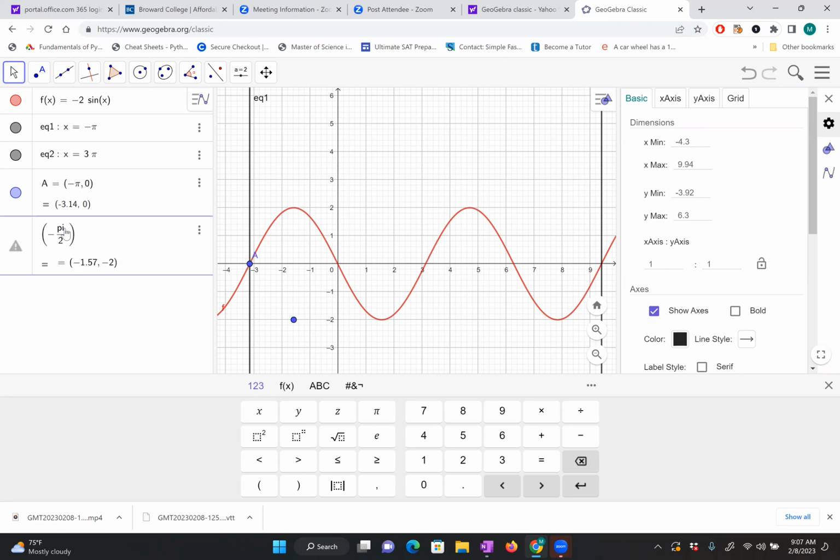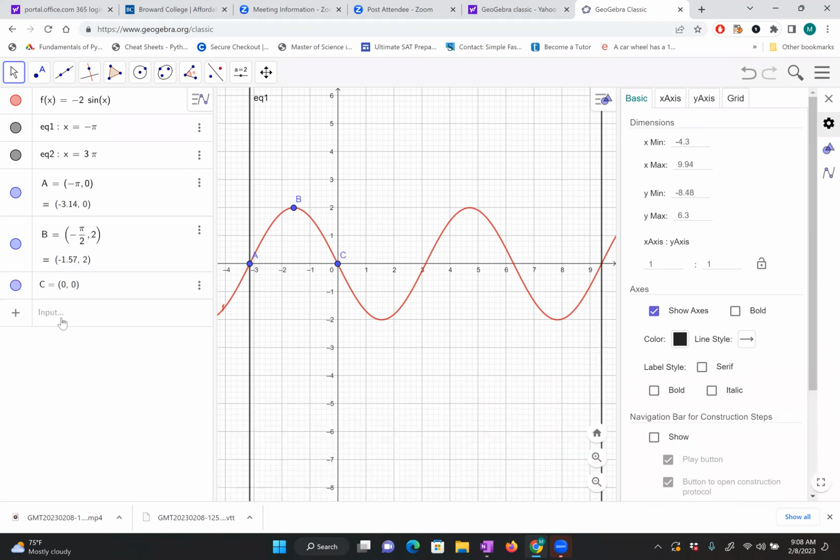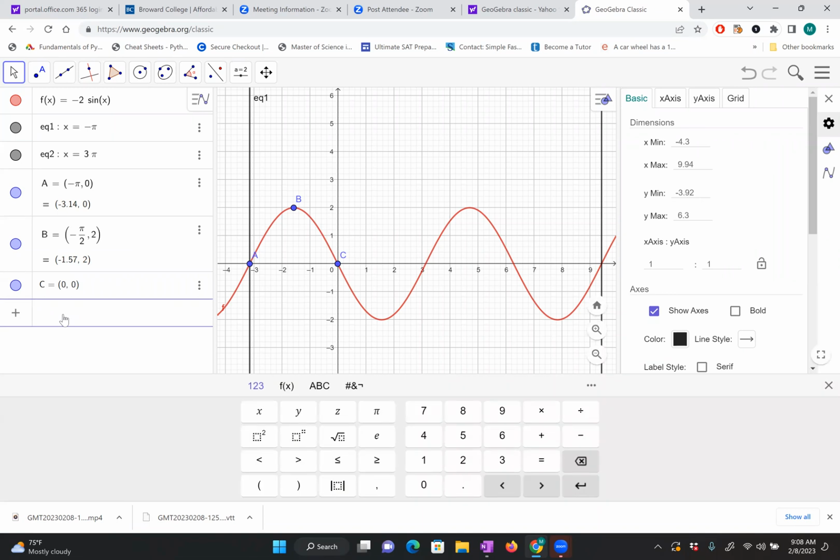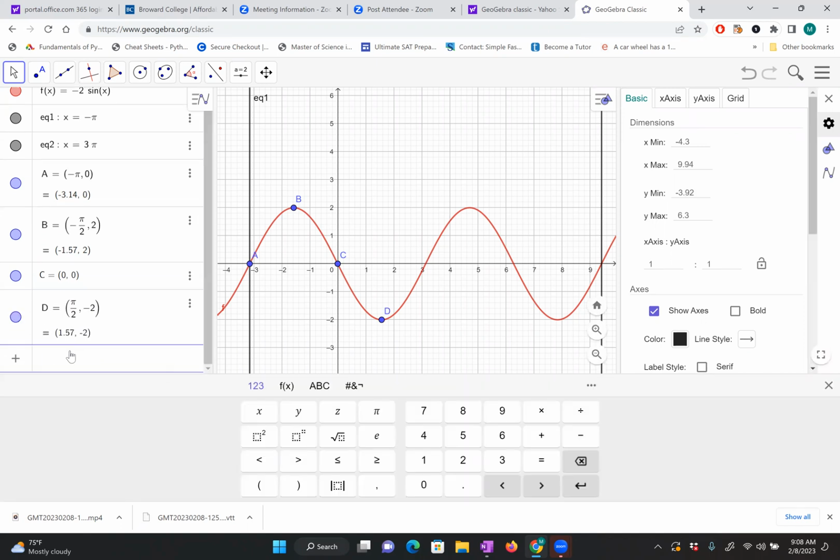I'm sorry, positive 2. Our next point will be 0, 0. Our next point after that will be parentheses pi over 2, comma, negative 2. Our next point after that, because remember, I'm adding pi over 2, so that'll actually be parentheses pi, comma 0.